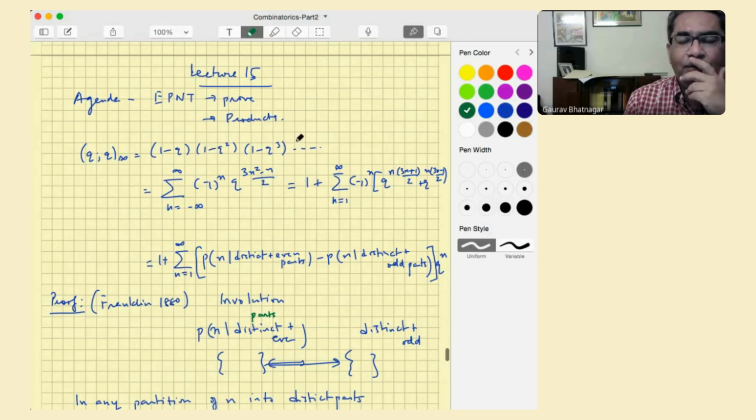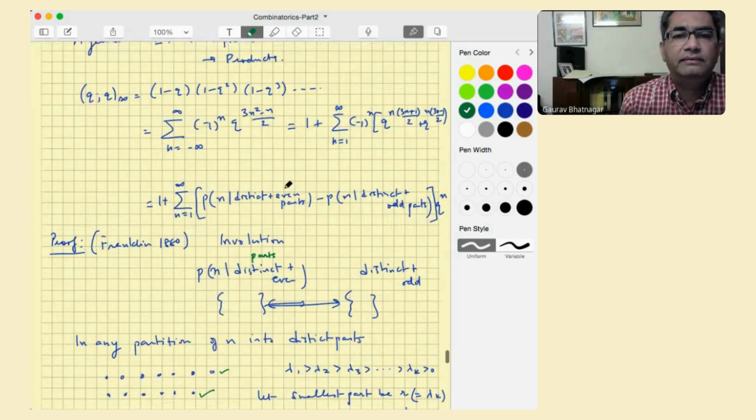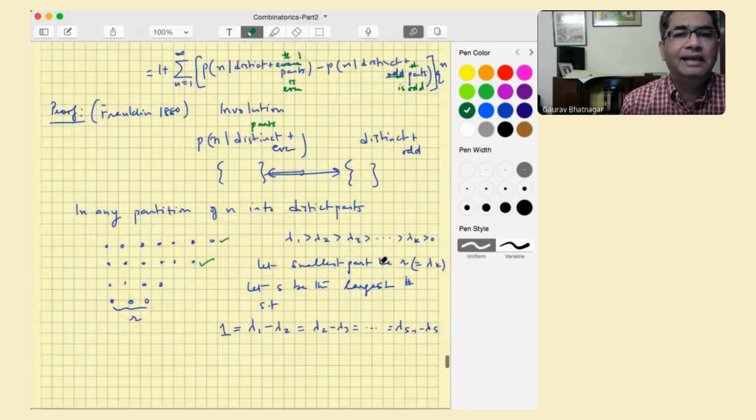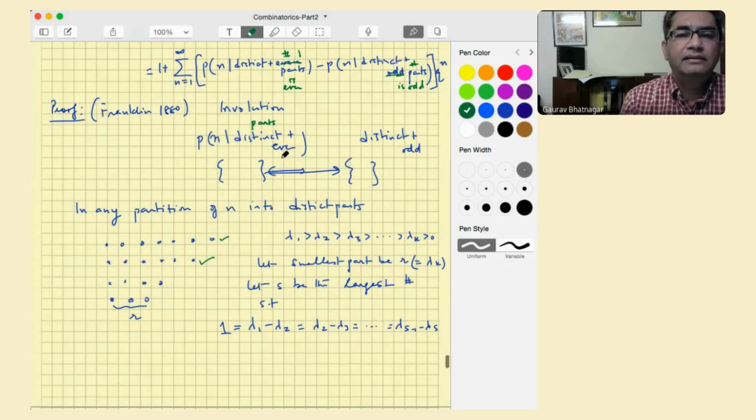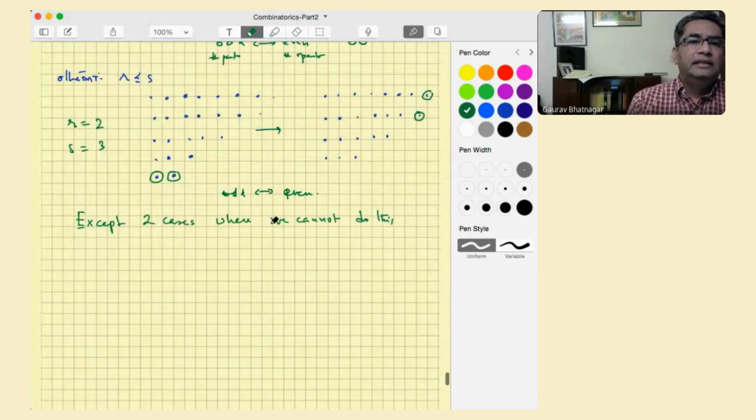When you multiply all this together, the number of parts is even. Does that clarify? Yes, Professor. So if it has an odd number of parts, it goes to even. If it has even, it goes to odd. And so they cancel basically.